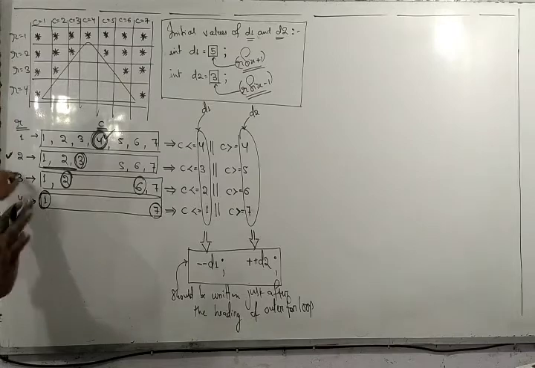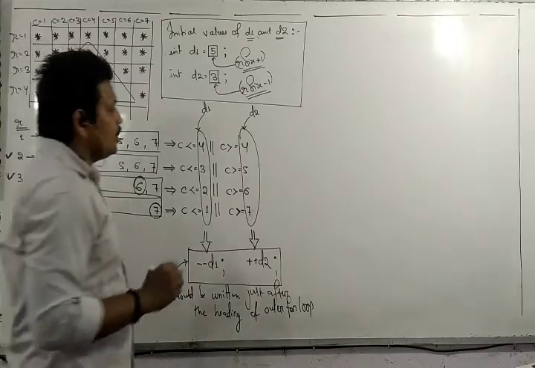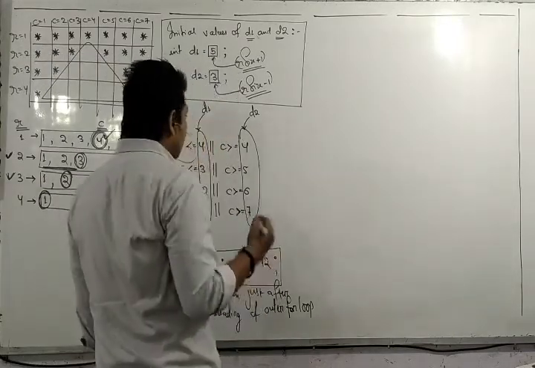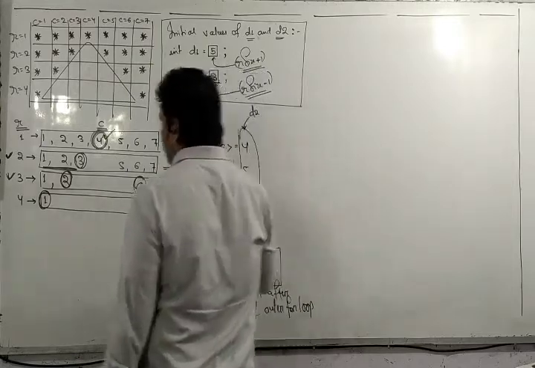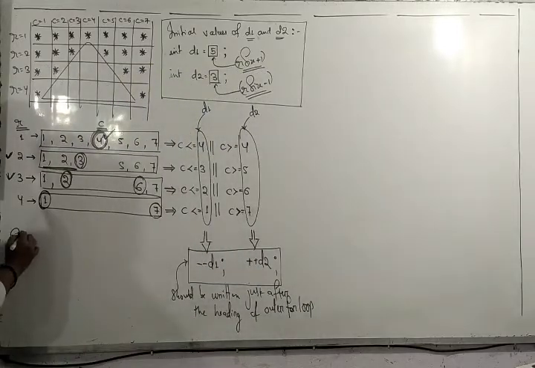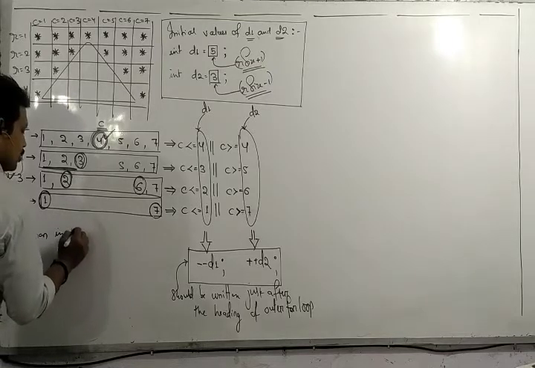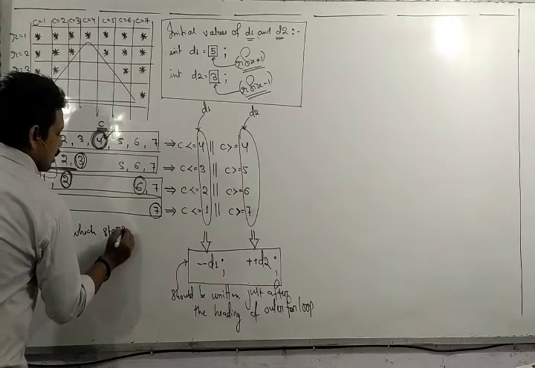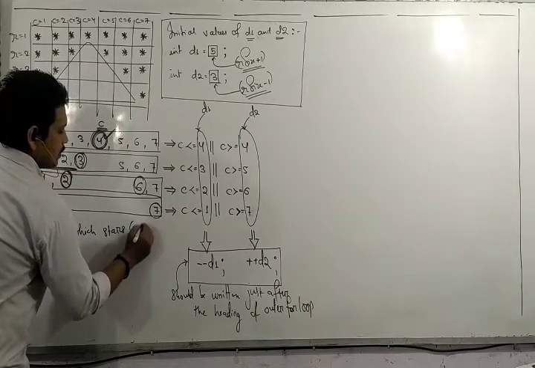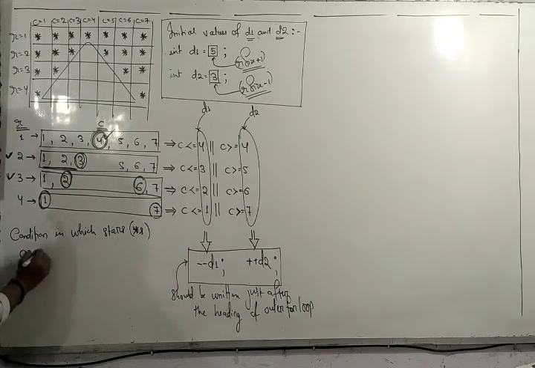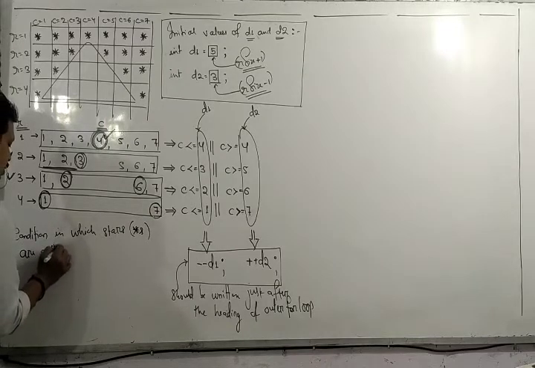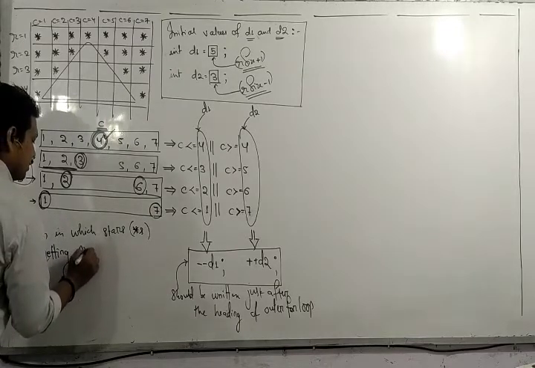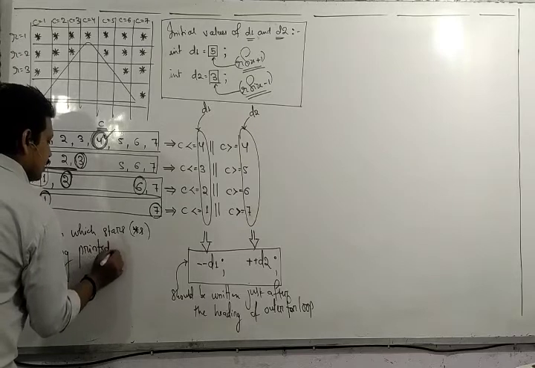Clear? Okay. And what is the condition for if? The condition in which the stars are getting printed. So what is the condition?